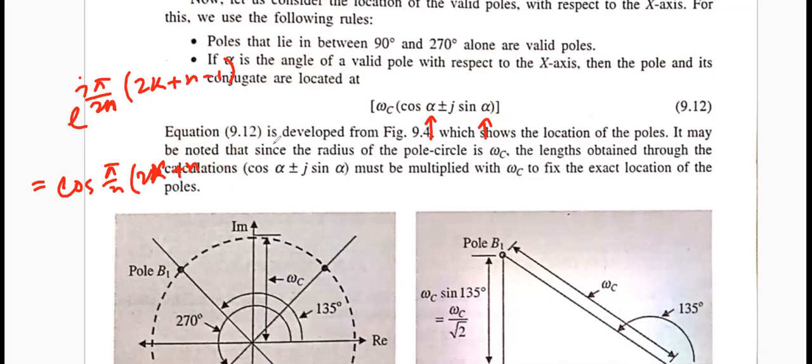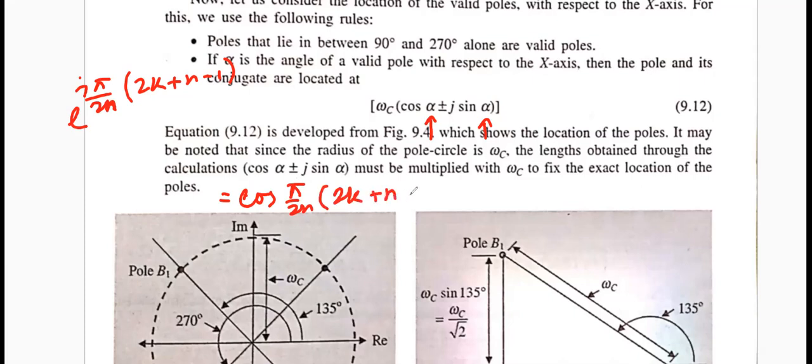So let me write it in a fresh area so that it could be visible. So cos of pi by twice n, 2k plus n minus 1, plus j sine of pi divided by twice n, 2k plus n minus 1. This is actually showing the pole location.